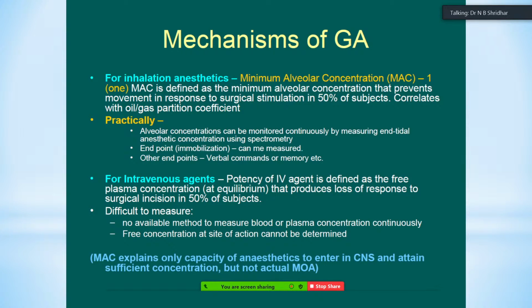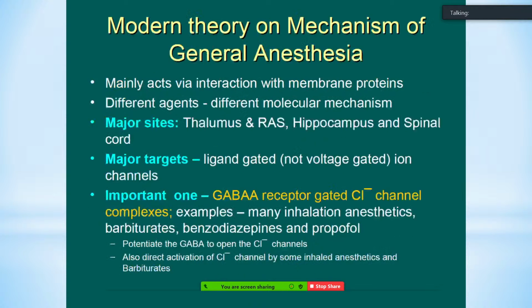The anesthetist, by his own experience, has to study all these things and determine what quantity of the anesthetic needs to be administered. The MAC explains only the capacity of the anesthetics to enter the central nervous system and attain sufficient concentration, but not the maximum action. The mode of action of the anesthetic is not explained by the MAC.